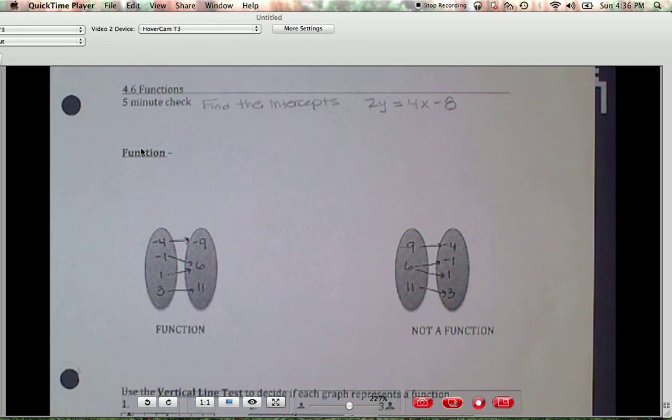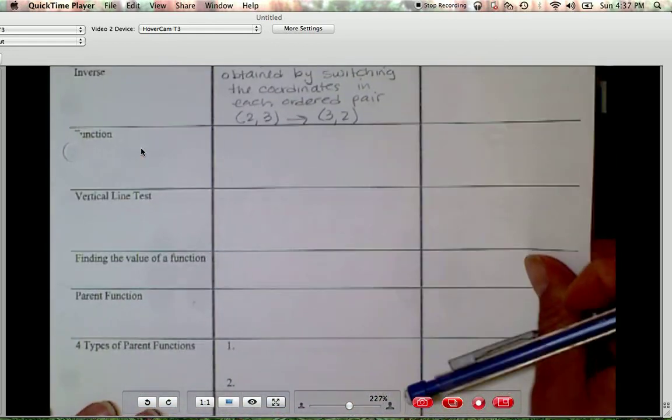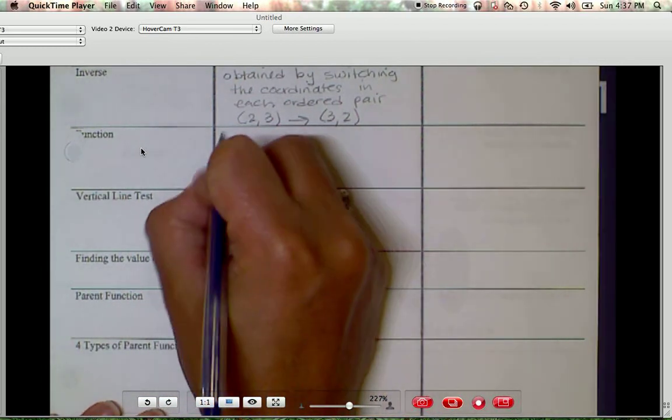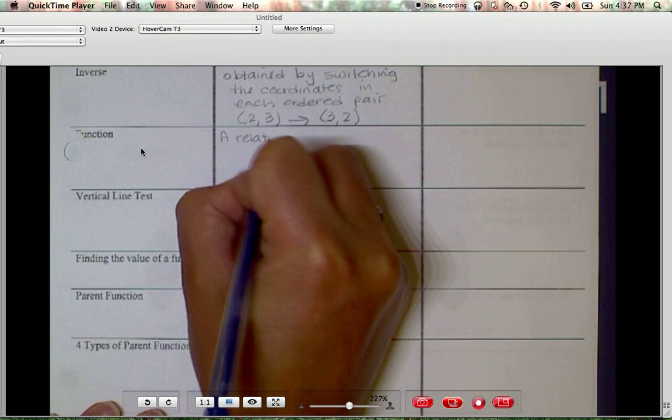Okay. We're going to begin with our first definition. We can put this straight onto our Cornell note sheet. A function. So instead of putting it on your notes page, put it on your Cornell note sheet. You can put it in both places if you like. A function is a relation.